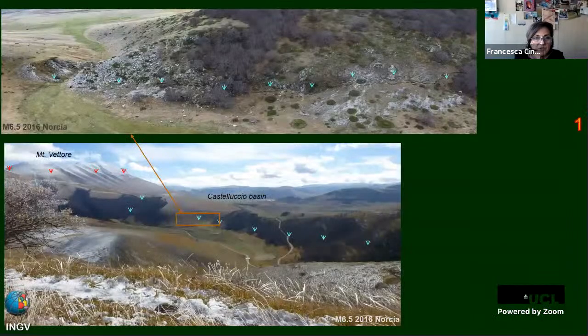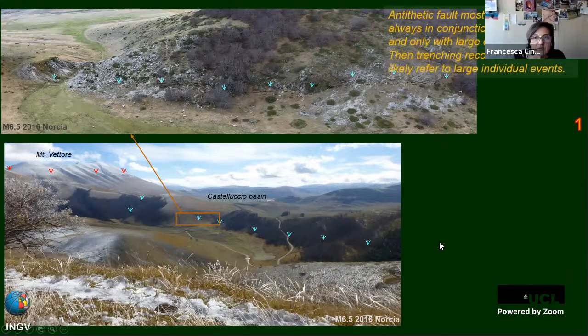I have a first observation that comes from the Norcia surface rupture. Here is the antithetic rupture that formed 3 kilometers apart from the main rupture.